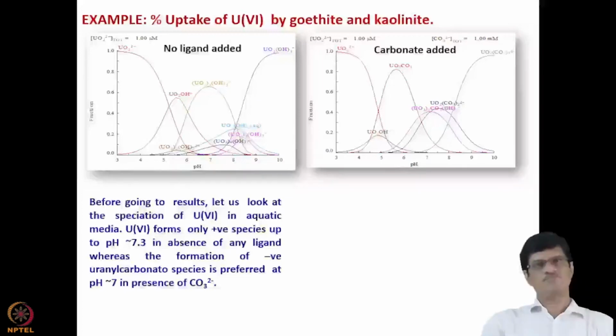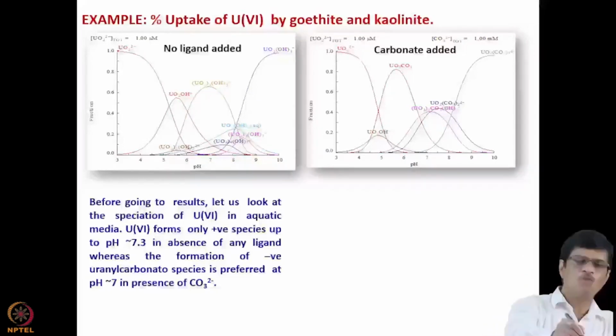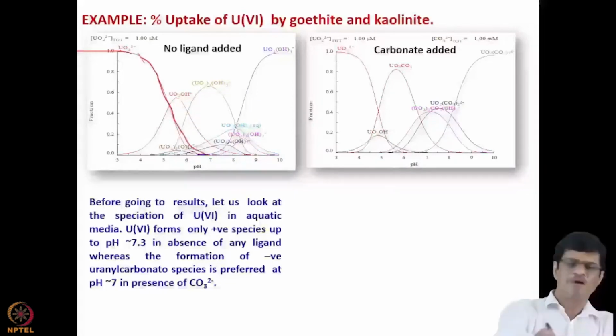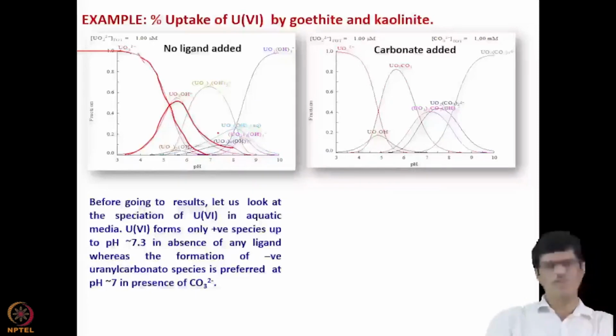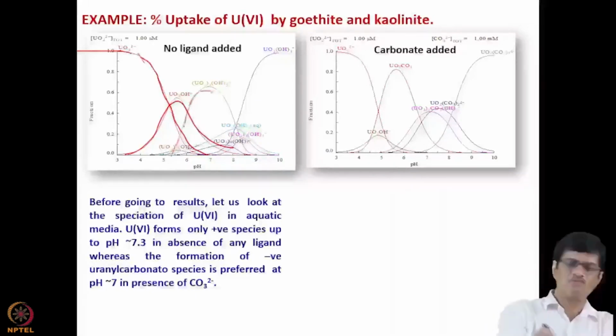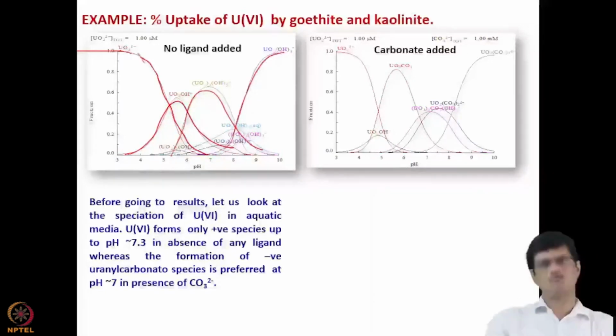So in the case where you do not have any carbonate present in the system, you have the species uranyl ion at the very low pH values, and which actually goes on decreasing, and as you form the monohydroxy species, and subsequently you have the dihydroxy species also, and like that you will have different polymeric species also formed. This is how the speciation of uranyl ion with increasing pH values it shows.